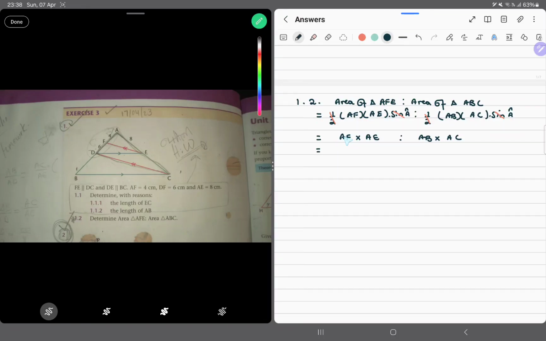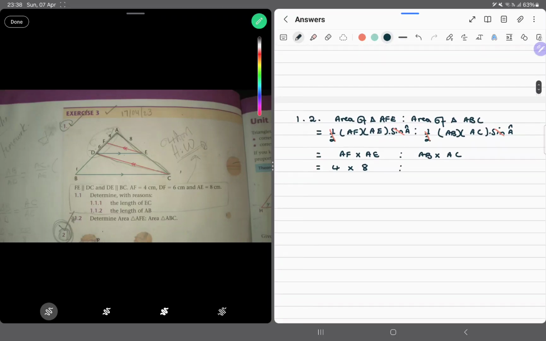This is equal to AF, which is 4 units, times AE, which is 8, divided by AB. What did we find AB to be? 25. So this is 25 multiplied by AC, which we found to be 20. So now, this is 32 over 25 times 20, which should be 500.